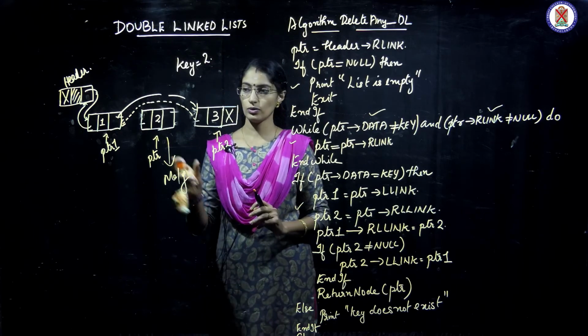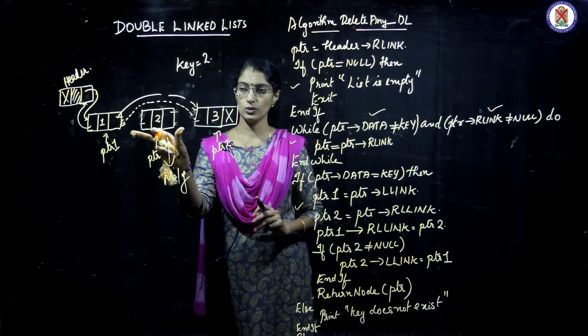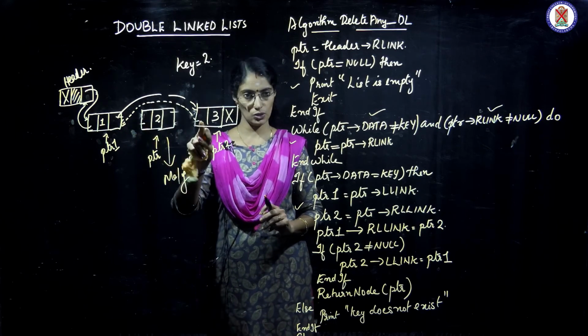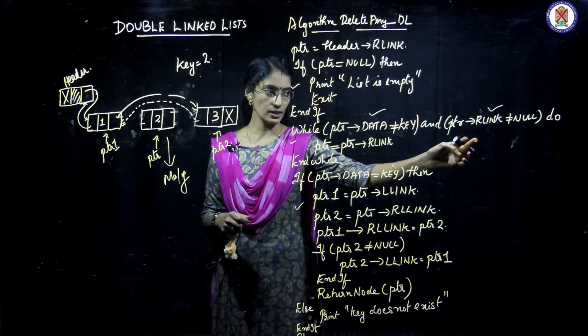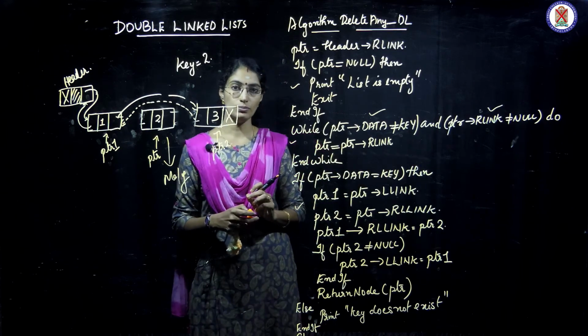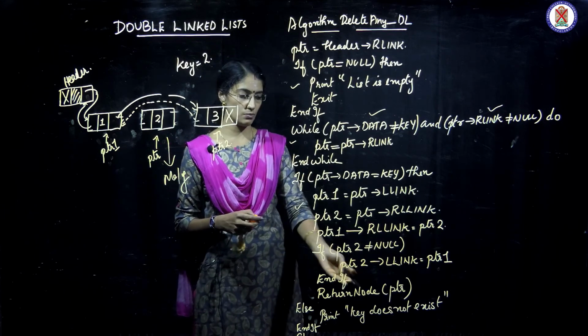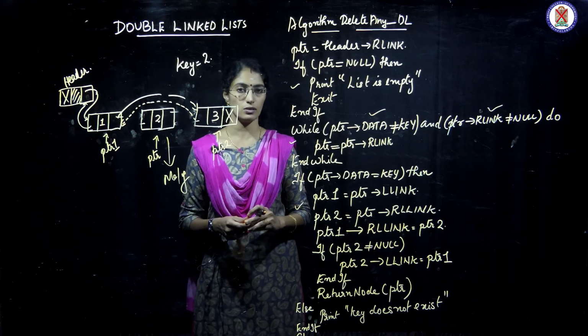That is, you have to release the connection of the node that is going to be deleted and establish the connection between the other two nodes. And then the second condition of the while loop implies that the key value does not exist. You give a message that the key does not exist, exit, and the deletion is not possible.